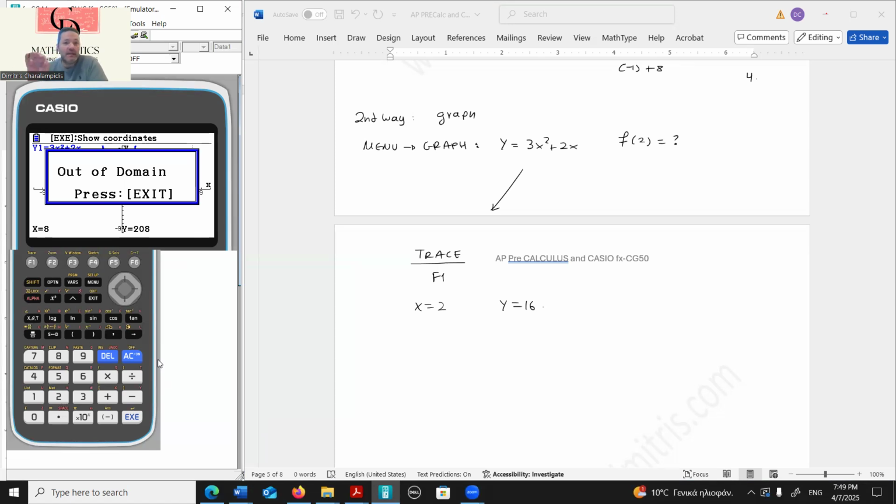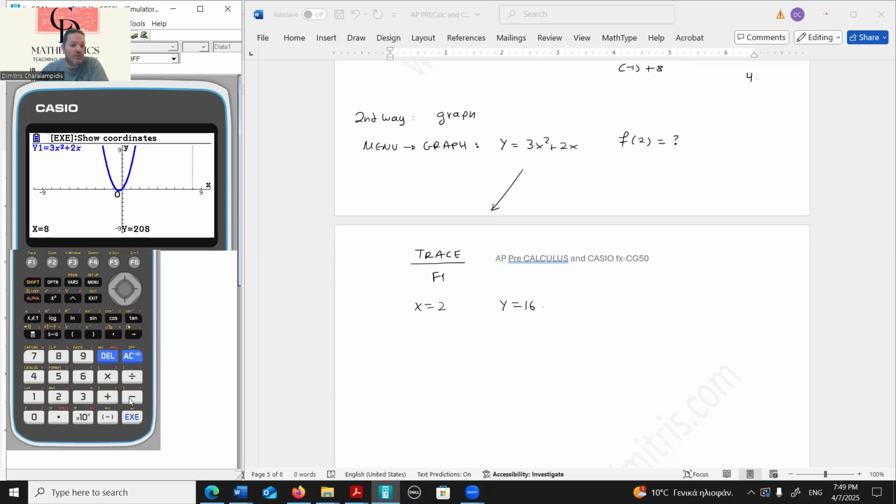It's the GDC's alert that the x value we try to feed it is not shown in front of us. Indeed, we can only see values of x from -10 up to 10. If we want to calculate f of 12, we need to make sure we see that value.